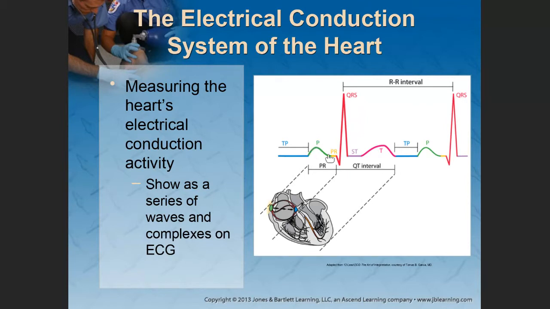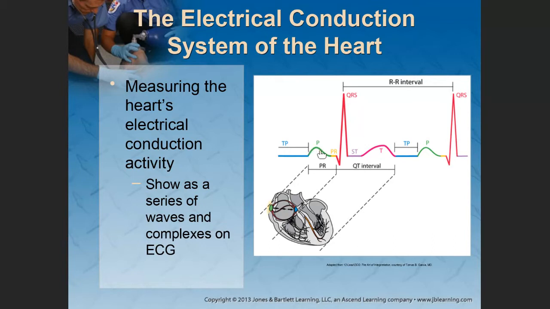So it is when the atriums are discharging current. Some books will say atrial depolarization or contraction, but you can see electrical activity, and it doesn't necessarily mean that the heart muscle is moving. So the P wave represents atrial depolarization or discharge. So it's when the atriums are discharging electrical activity.